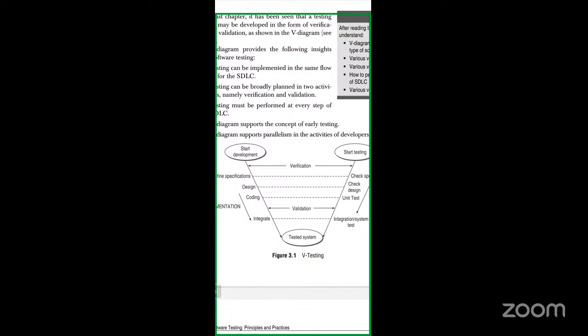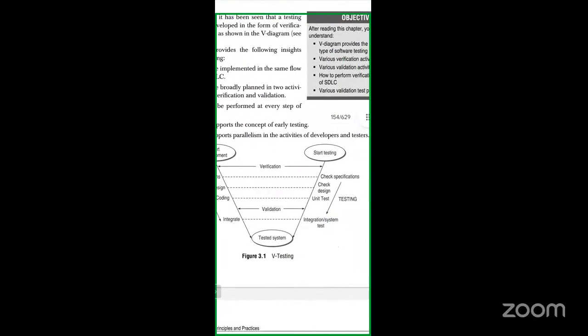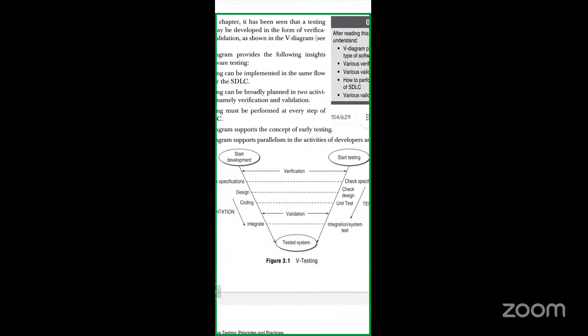So the coding part is happening on one side, and unit testing is done on the other side, right? So in parallel we are having all these things. Here verification is going to be done on these three aspects: specifications, design, and coding.